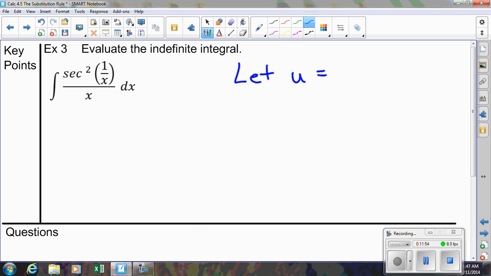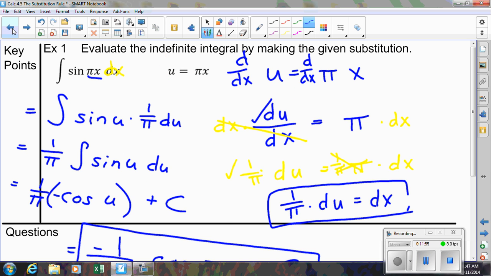Well, our last two actually give us some clues. The original problem we had, sine of pi x. You notice how pi x was the function inside the outer function of sine? We took our substitution to be the inside function.